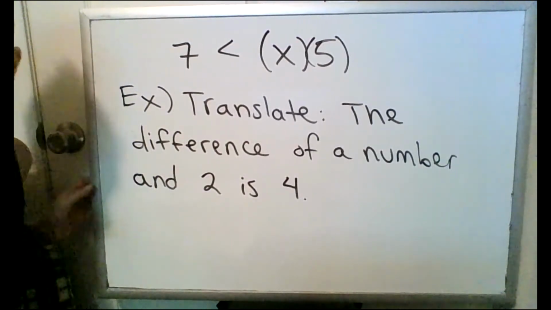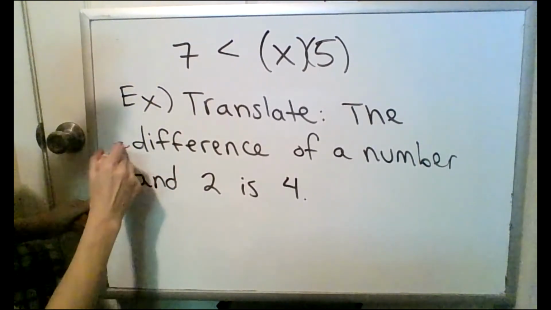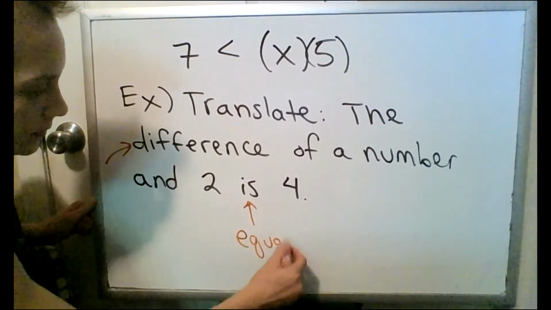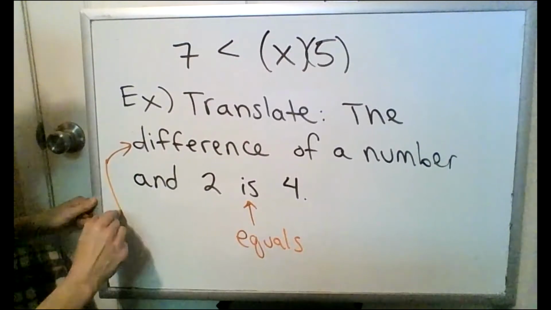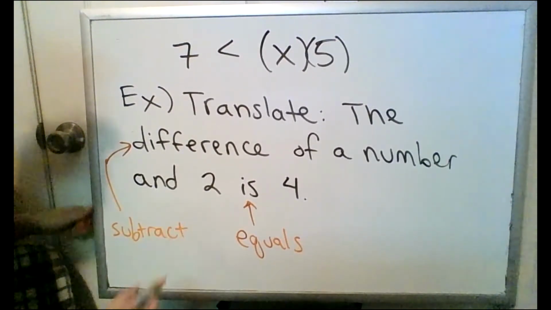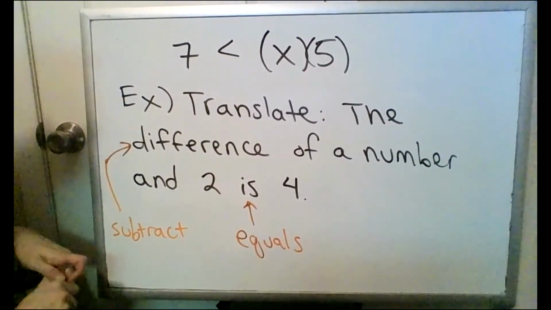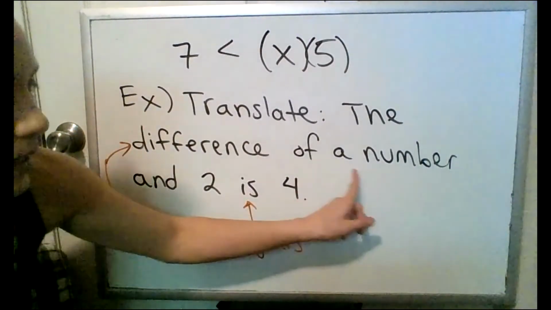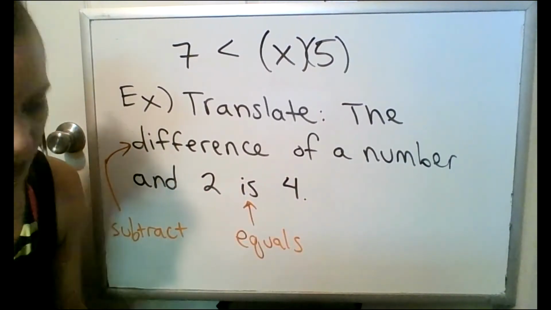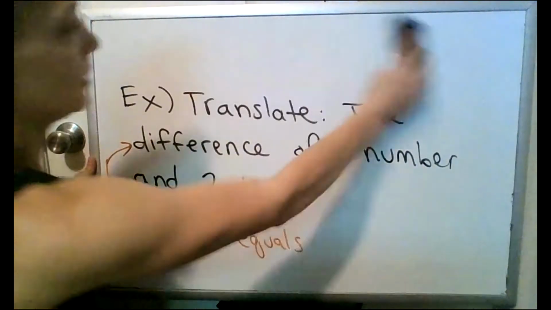And remember, this means equals. And here's our unknown number, which we need to call some kind of letter. We're usually going to call it x.